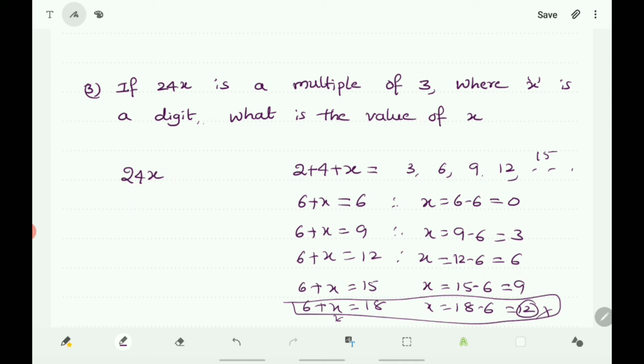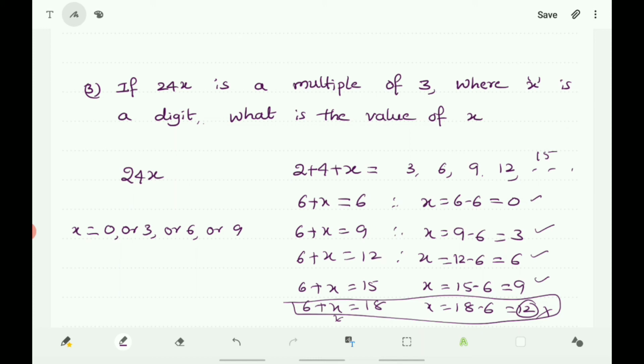So these are the values of x. x must be equal to 0, or 3, or 6, or 9. The values of x are 0 or 3 or 6 or 9. These are the 4 possible values of x. If the value of x is 0, the sum becomes 6, so it is divisible by 3.